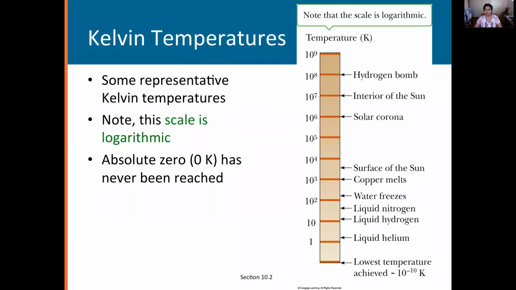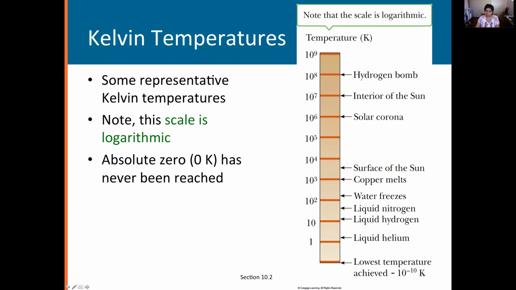Okay, so temperature in Kelvin is shown here, and to give you some idea, a hydrogen bomb produces very high heat, 10 to the power 8 Kelvin. The interior of the sun, which you'd expect to be very high heat, 10 to the power 7. Let's go down, water freezes at just above 100 Kelvin.